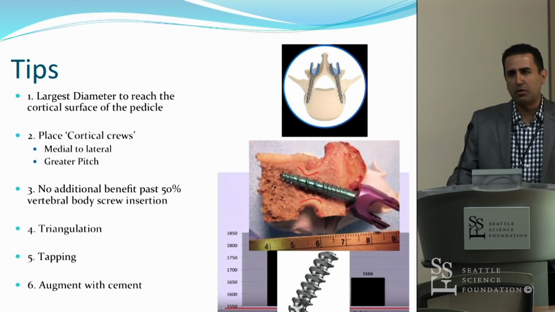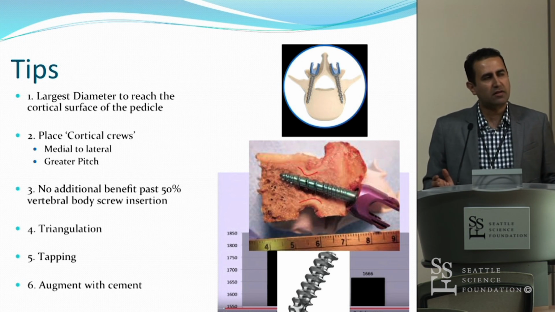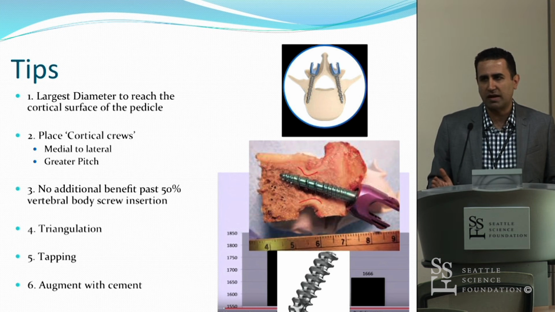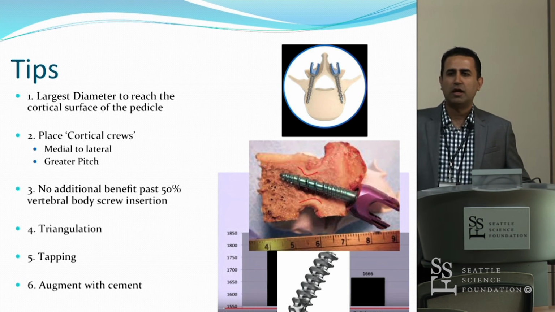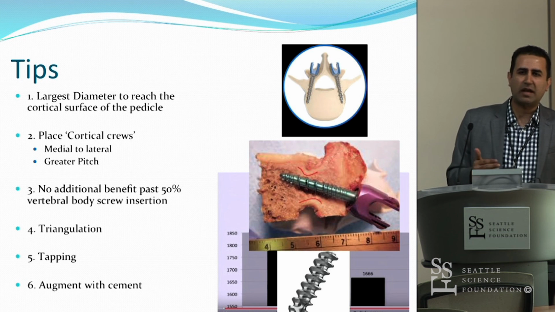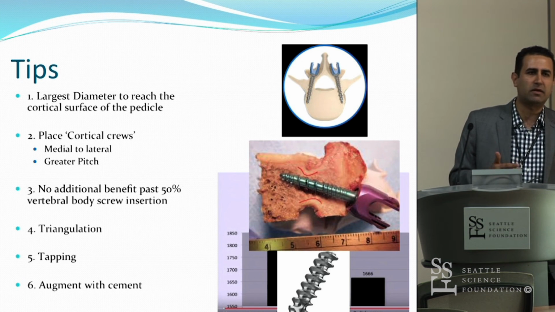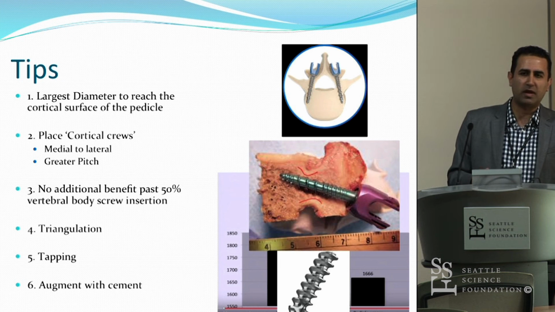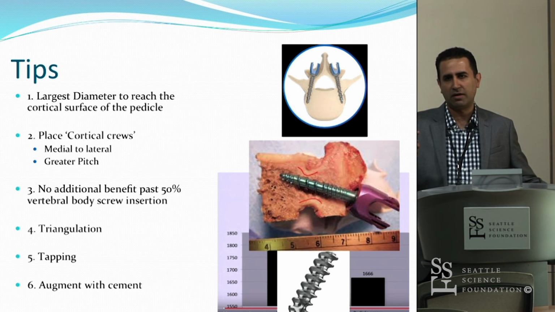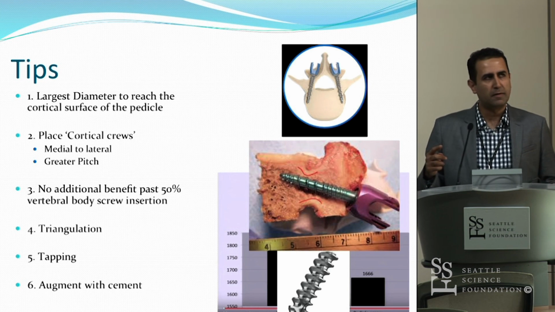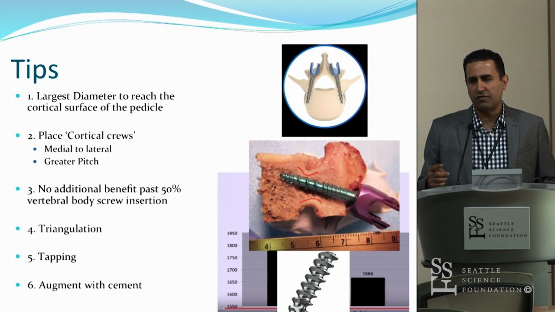So how are we going to improve this? And this is, I guess, one of the key points that I want you to take away from here. Select the largest diameter to reach the cortical surface of the pedicle. I guess the take-home message is that you need to apply particular attention to your preoperative imaging and select your implant size, your screw diameter, with respect to the maximum purchase that you can get, particularly of that inner cortical diameter and the inner cortical surface of the pedicle.